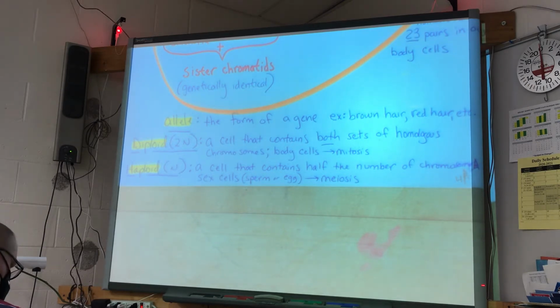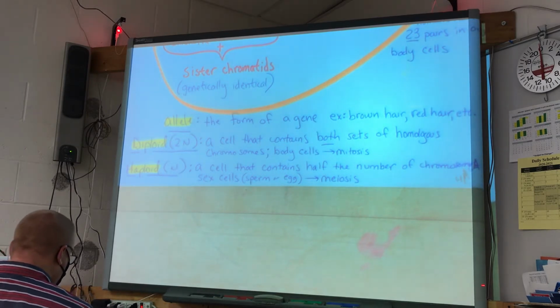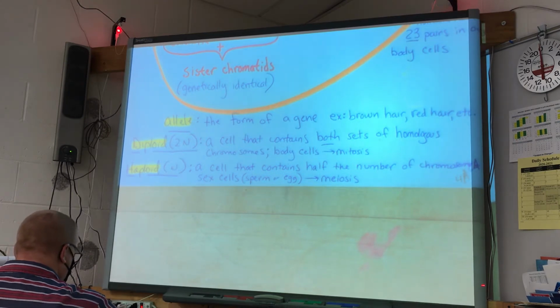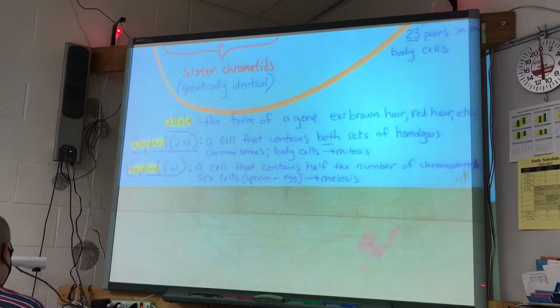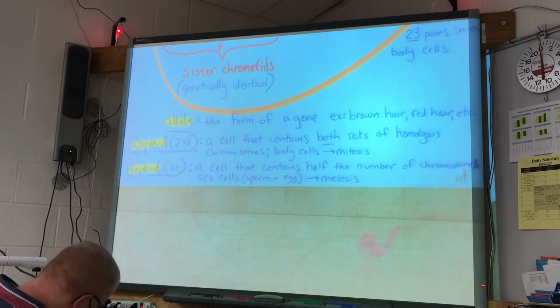Sometimes instead of PMAT, we use "pass me a taco" as a memory device. It doesn't matter. You just have to remember the order in which they occur. Either PMAT, puppy Mitosis needs a PMAT, or pass me a taco. That's the order in which mitosis occurs, and that's what your homework was, to get you the ideas of mitosis and meiosis.